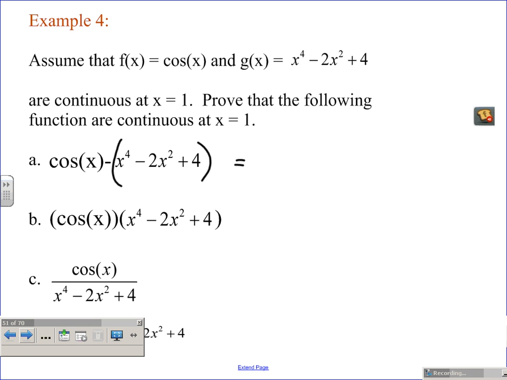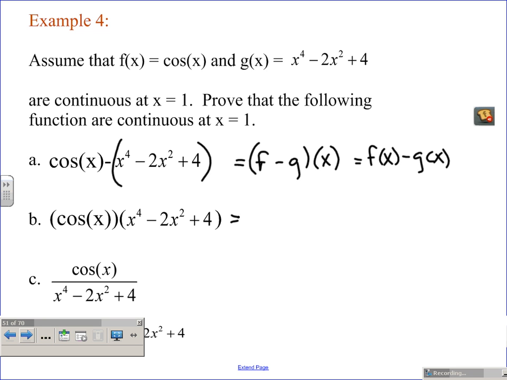So this here can be rewritten as f minus g of x, or it can be rewritten as f of x minus g of x. Either way is fine. But knowing that, and I know that f and g are both already continuous at x equals 1, so I know that the difference of those two functions is continuous at x equals 1.